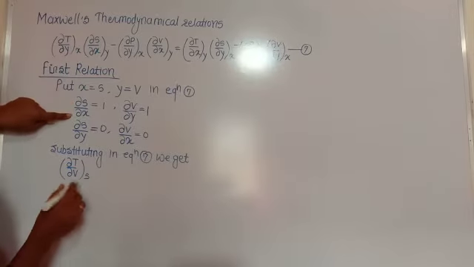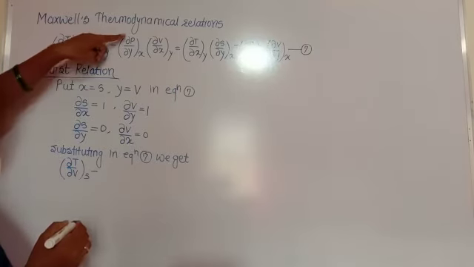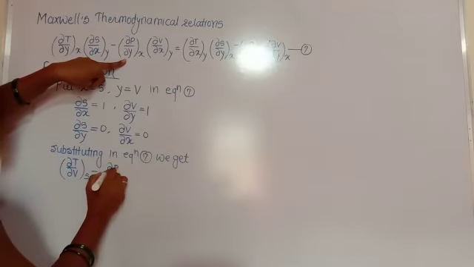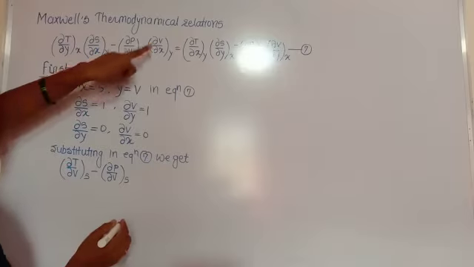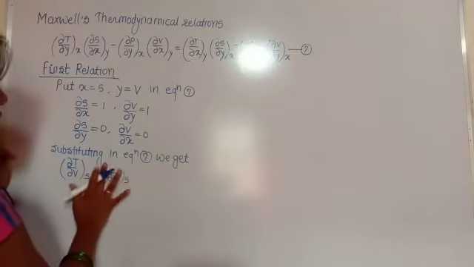Del S by del x is 1, so we can drop this value, minus del P by del y, that is del P by del V at constant S, and del V by del x is the 0 term. So all of that term is 0.